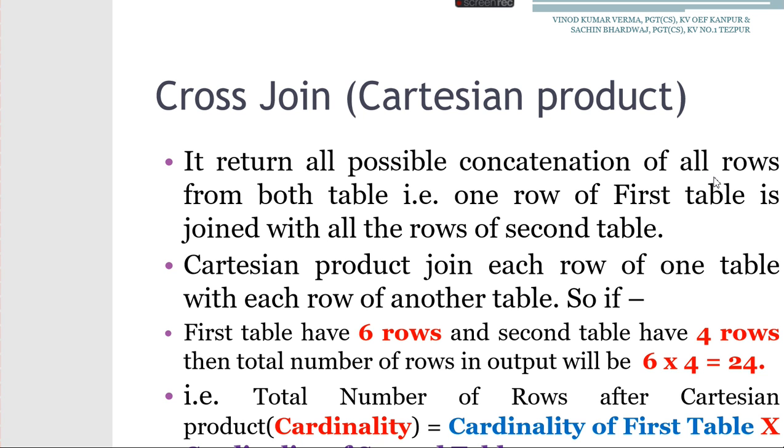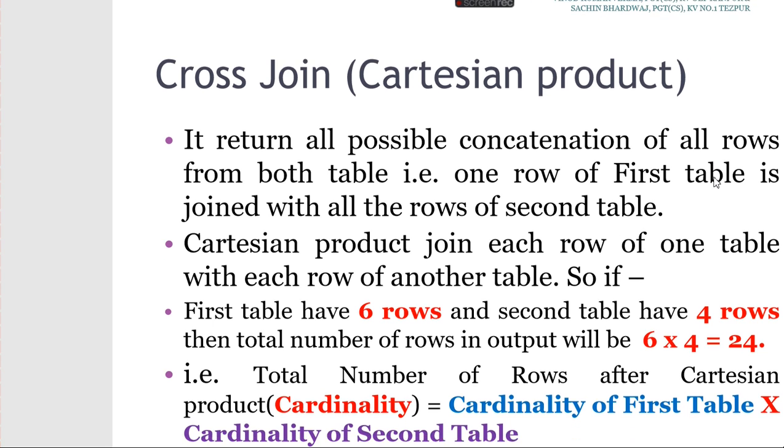So the total number of rows after a Cartesian product is the cardinality. What is the meaning of cardinality? Number of records. So cardinality of the first table into cardinality of the second table. The first table has 6 rows, and the next table has 4 rows, so 6 into 4, 24 records will be shown.